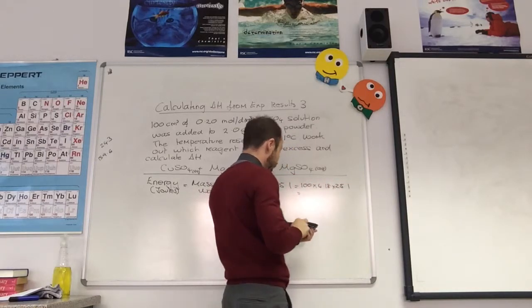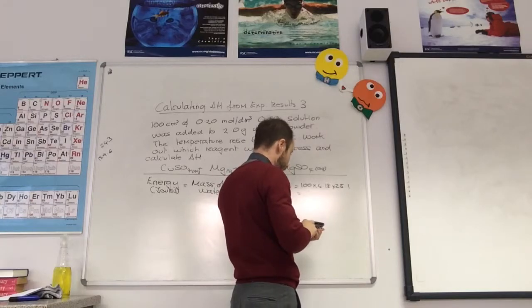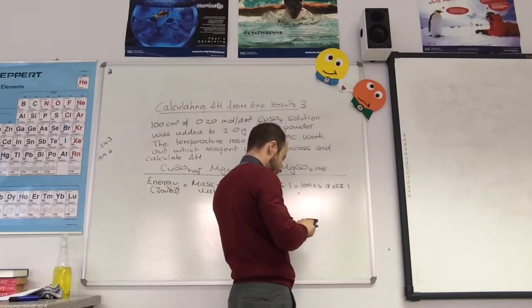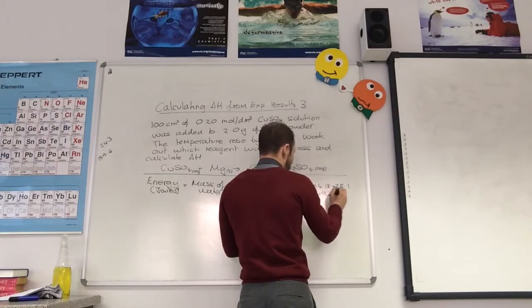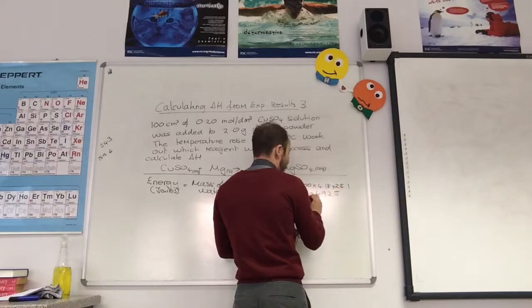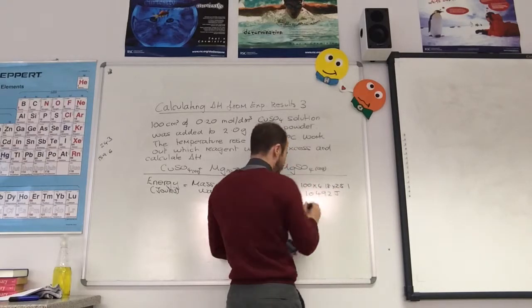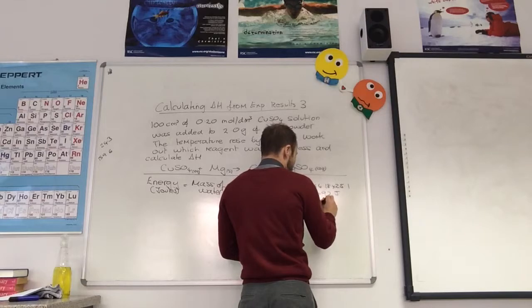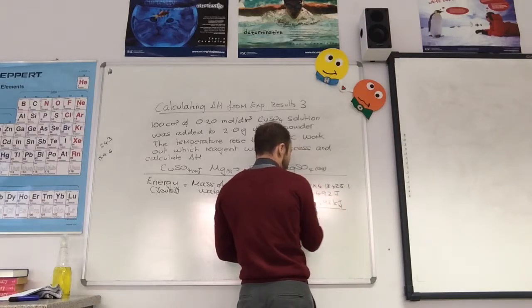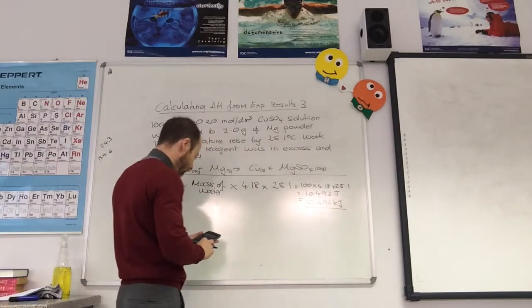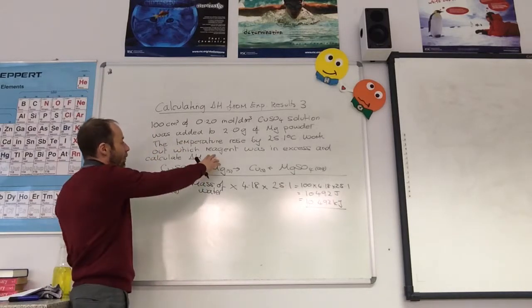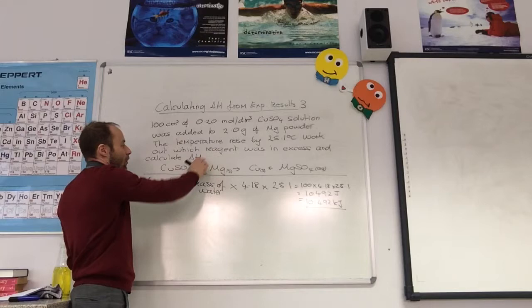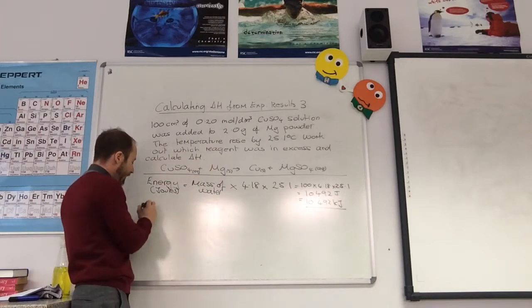That equals 10,492 joules, but we convert to kilojoules, so 10.492 kilojoules. Now, I need to think about, it's told me which one, I have to work out which was in excess. So let's have a look at that.